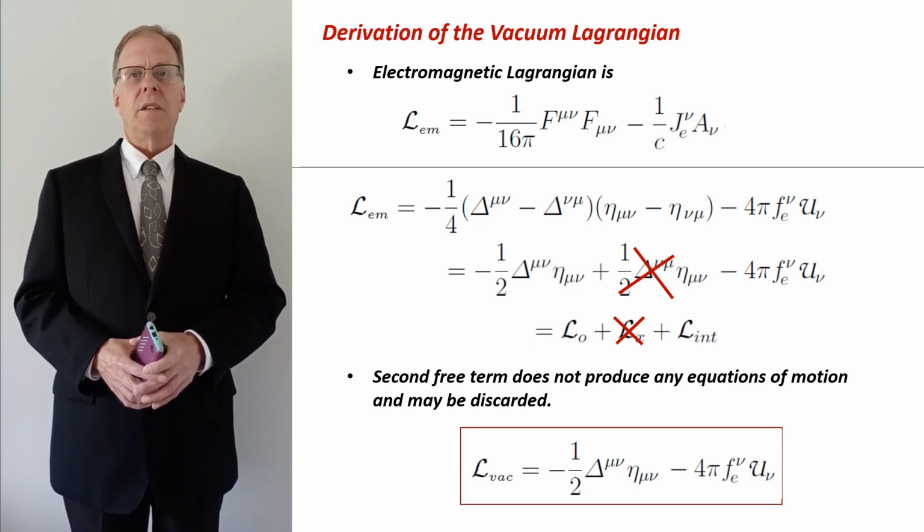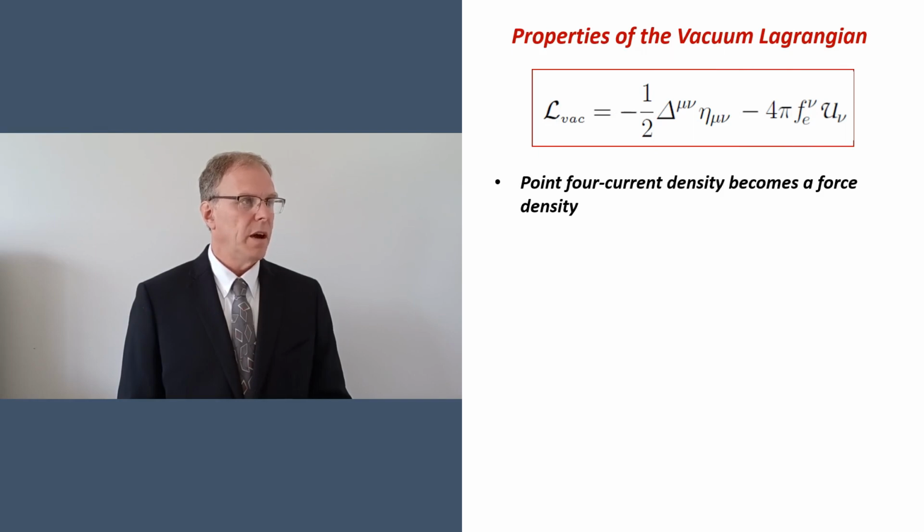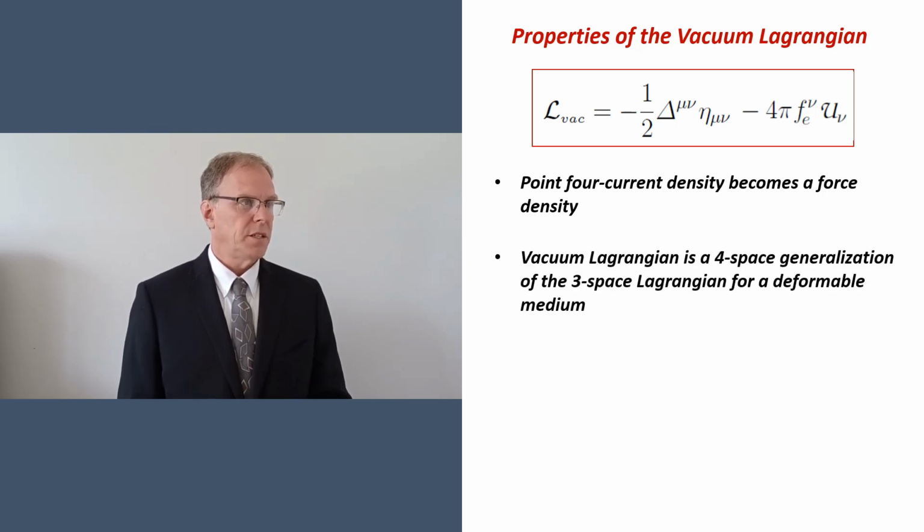Now let's discuss a few interesting properties of this Lagrangian. First, it's important to mention that the point charge 4 current density has now become a point force density, which we call F nu sub E. Second, this Lagrangian has a structure very similar to and in analogy with the Lagrangian for the three-space theory of elastic media.